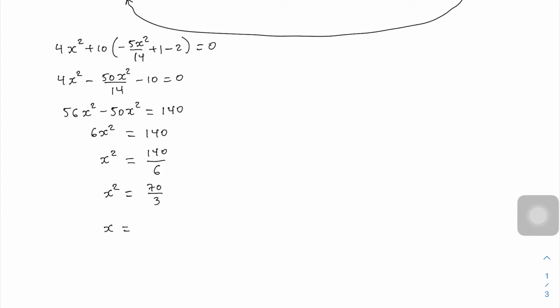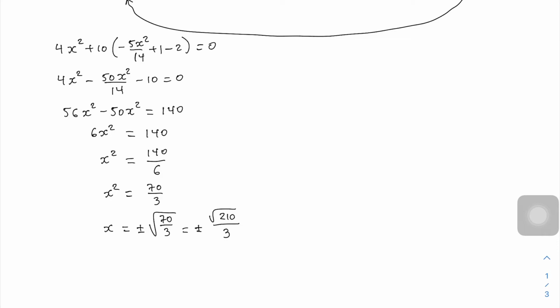So if we take the square roots, it's going to be plus or minus the square root of 70 over 3, which is the same thing as the square root of 210 over 3. It's equivalent. I just prefer to only have the radical on top and not on the bottom, and you can get that just by multiplying the top and the bottom by 3.